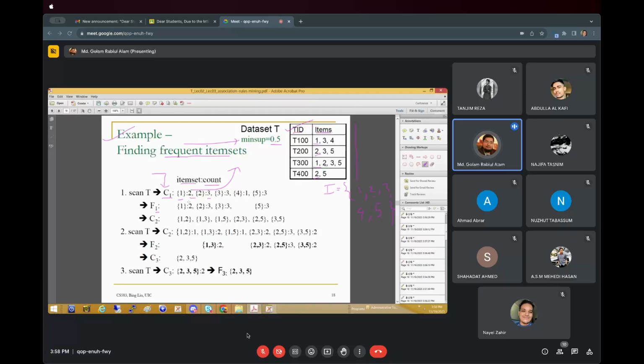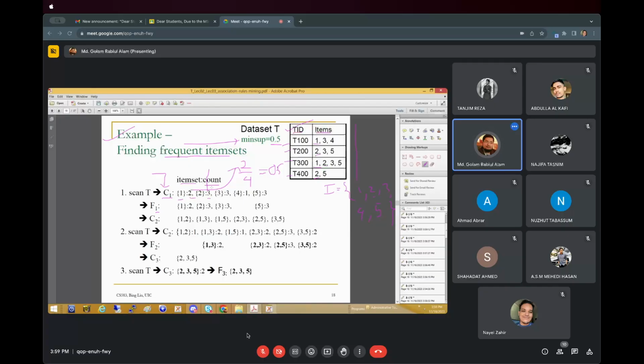Here, item 1 appeared 2 times, and there are 4 transactions, so the support will be 2 by 4, that is 0.5.